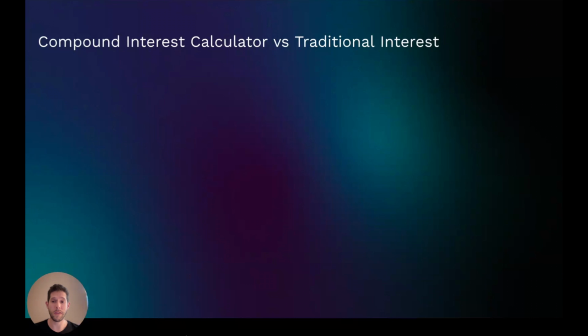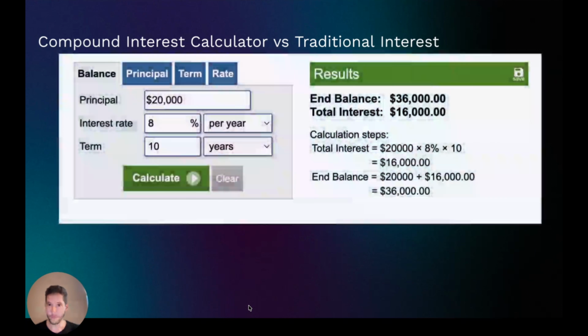So I wanted to talk about the difference between compound interest and traditional interest and showing the differences in charts and data so we can actually visualize the differences here. So if I were to start with a $20,000 principal, basically just starting with $20,000 in an account, assuming that it grows at 8% per year.